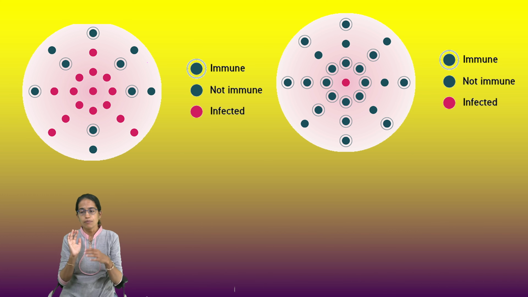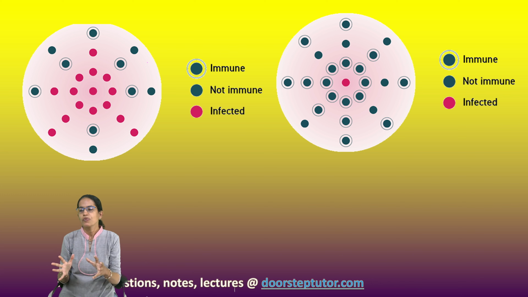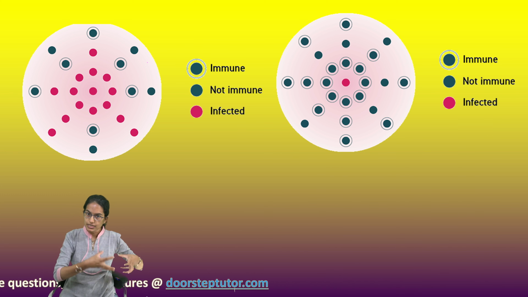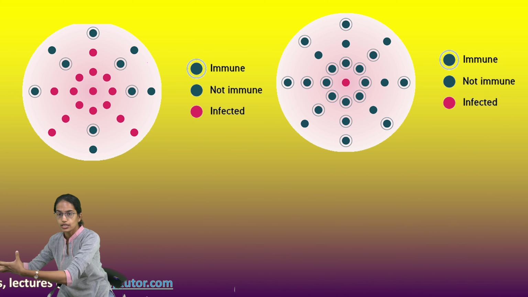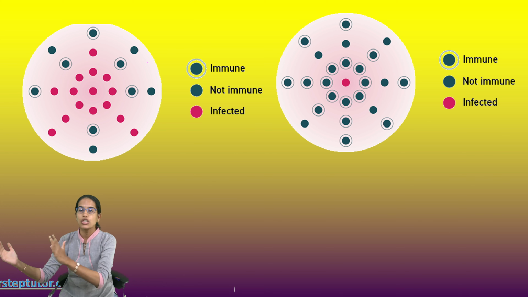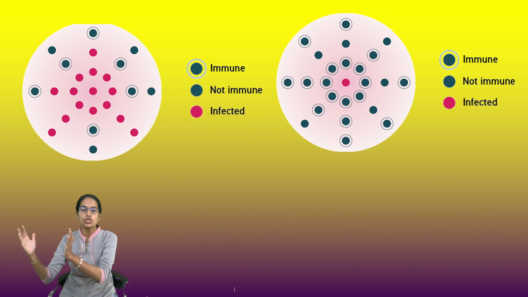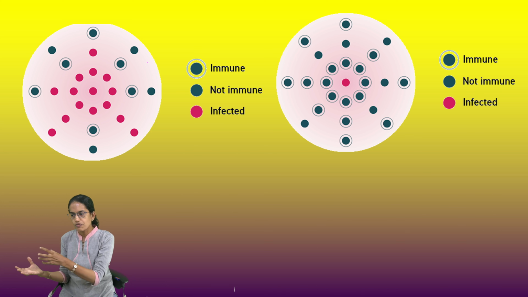However, passive immunity is when the immunity is given from another person. So from mother to child through placenta, from mother to child through colostrum, or a person in certain specific cases could be given immunoglobulins. Immunoglobulins are antibody containing blood products.